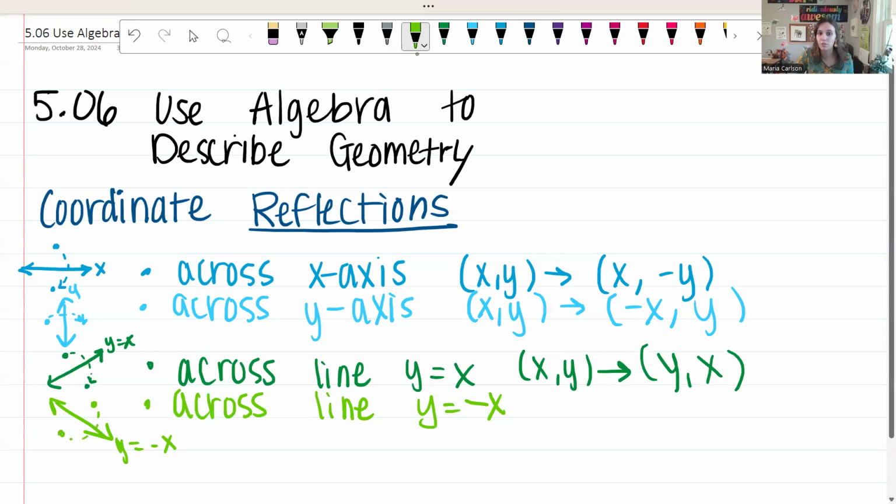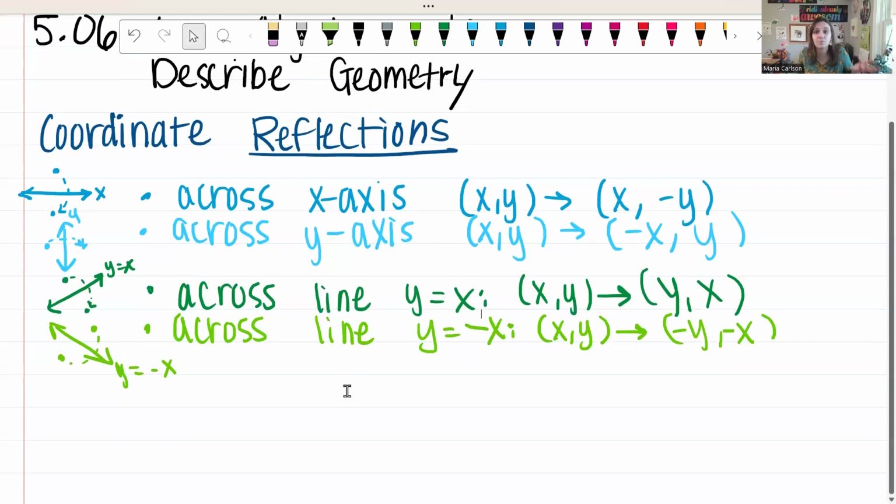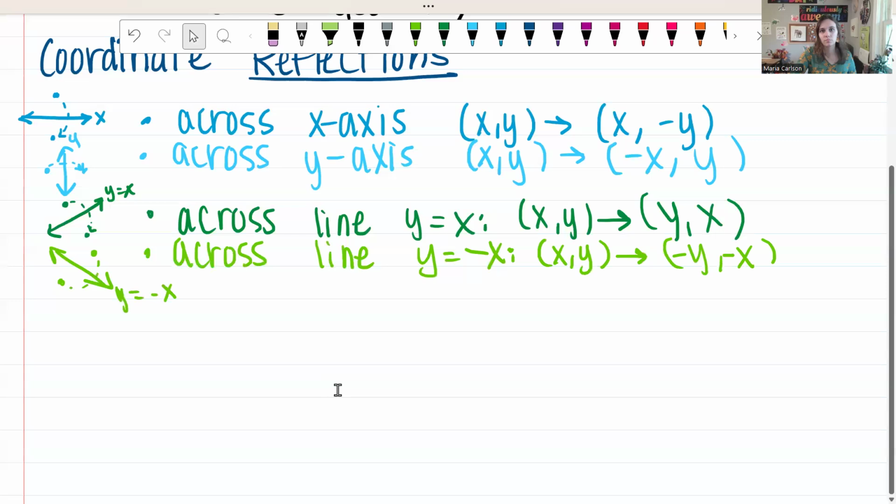So the mapping rule for this: x comma y is going to flip, it's going to reflect to y comma x, but they're also both going to become negative. So the mapping rule is x comma y becomes negative y comma negative x. Those values flip and become negative. If it's just the line y equals x, they just flip because it's a reflection.